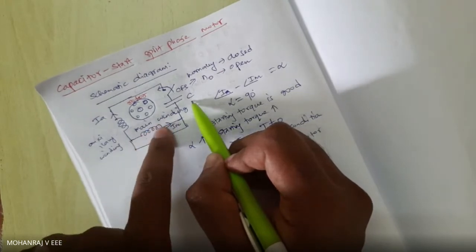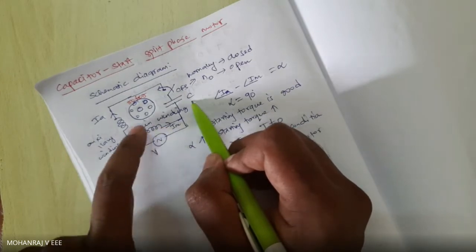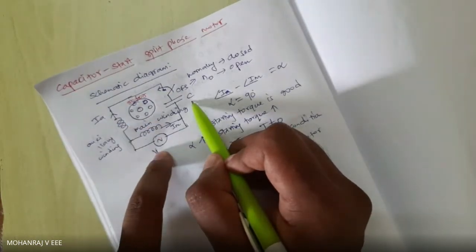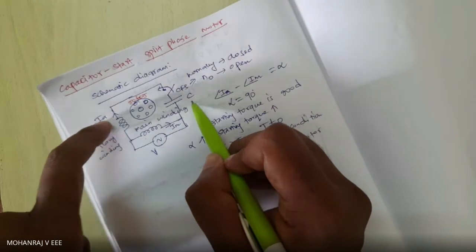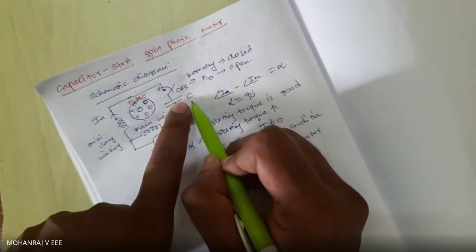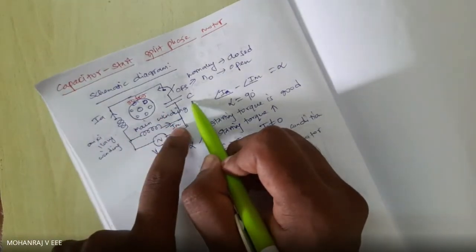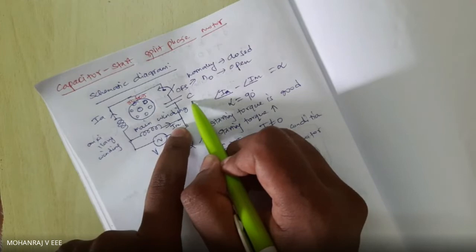A winding is an inductor on its own. So IM will lag the voltage, but IA will lead the voltage V because it has a capacitor in it. So the angle difference between IA and IM becomes equal to 90.